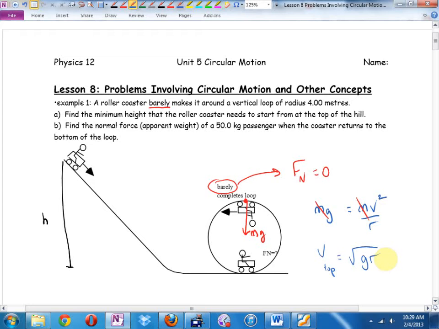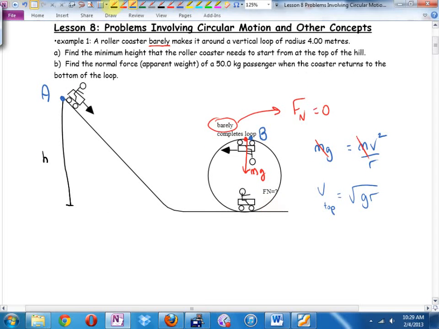Now we're going to do conservation of energy. And I'm going to call this right here location big A, and I'm going to call this right here location big B. I could use final and initial. I'm worried if I use final, we're so used to final being on the ground that you might say final potential is 0. No, it's location A, location B. So my conservation of energy equation is going to look like this.